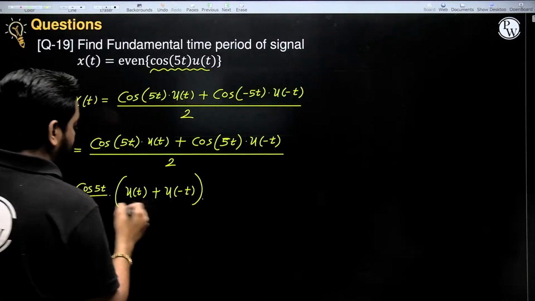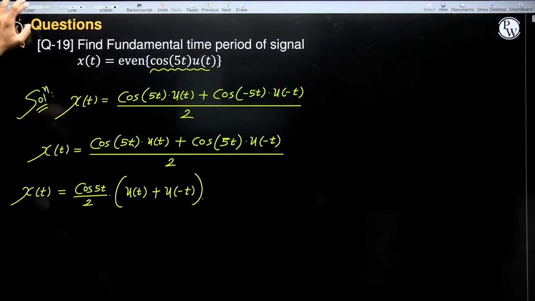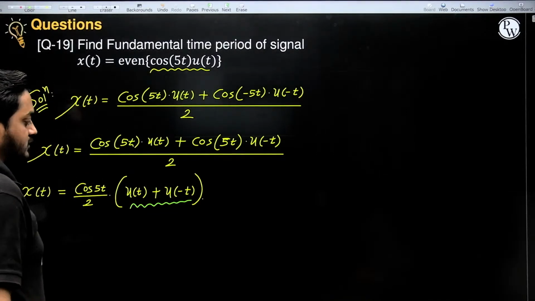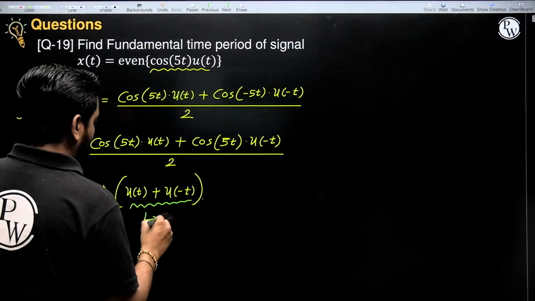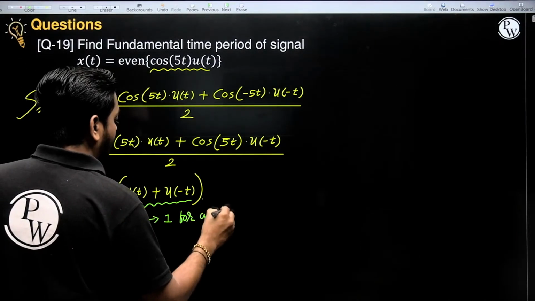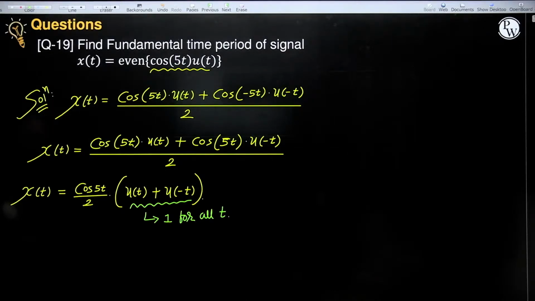Correct? What is u of t plus u of minus t? Already we have seen in the previous topic, u of t plus u of minus t is always 1. It is 1 for all t, guys.